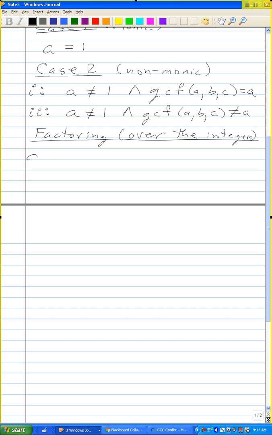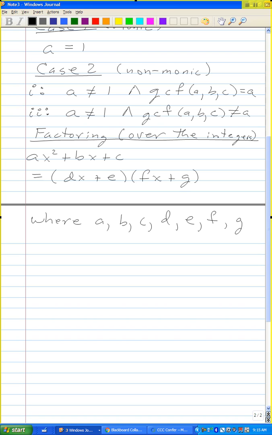So basically, what we mean is that we have somehow written ax squared plus bx plus c as the product of two linear terms, where a, b, c, d, e, f, g are all integers. And so then that means we're factoring over the integers.